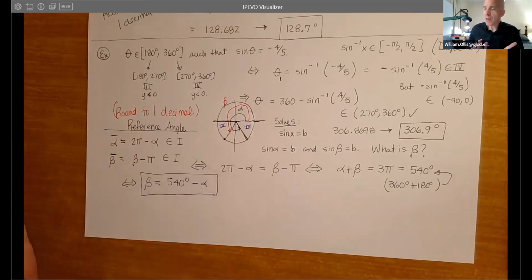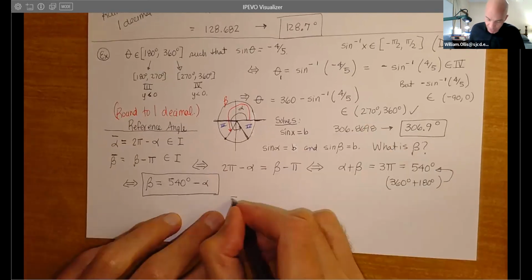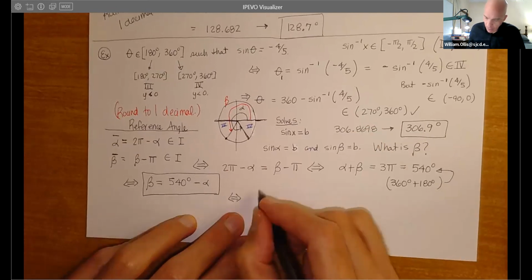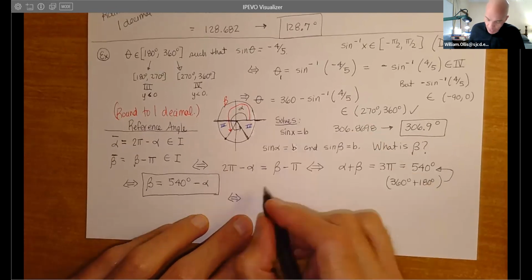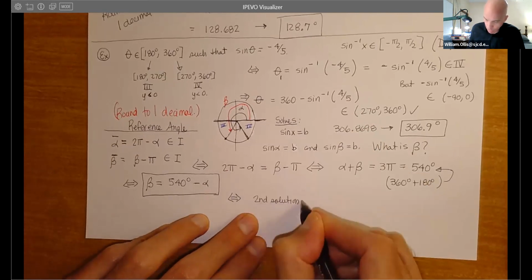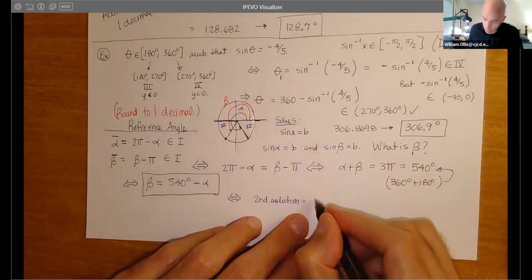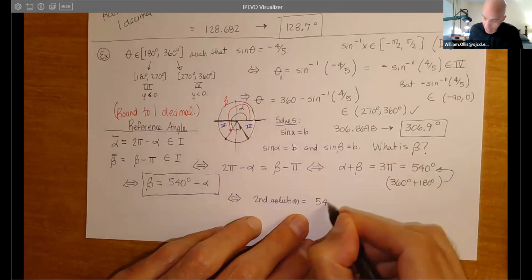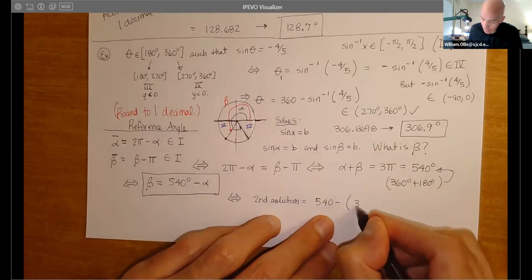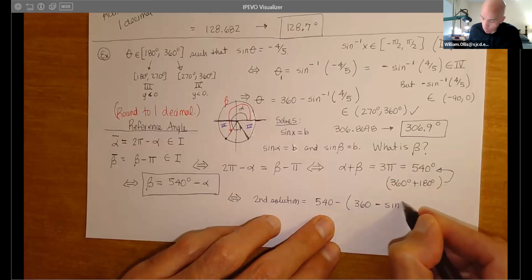So now when we look at this, we're like, okay, what does that do for us? So equivalently, back to the problem, the second solution equals, well, the first solution was this, so this is going to be 540 degrees minus (360 minus inverse sine of 4/5).